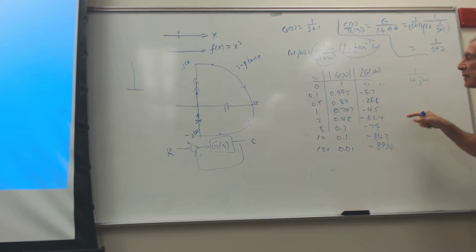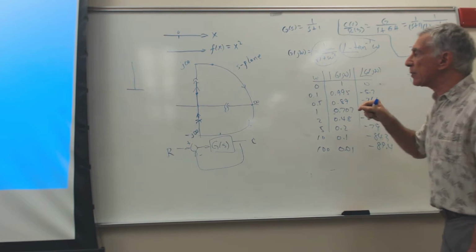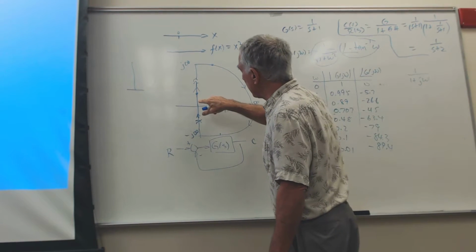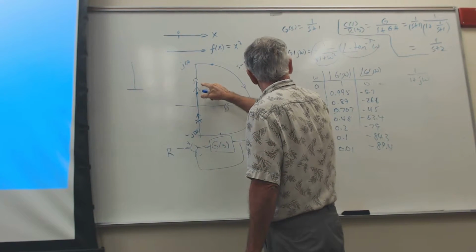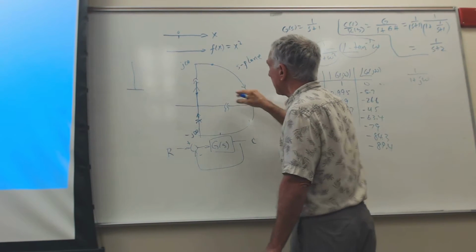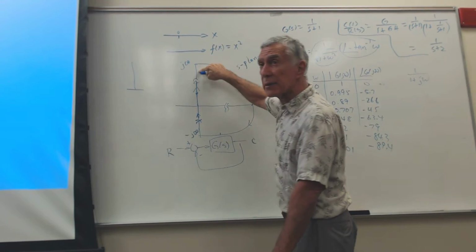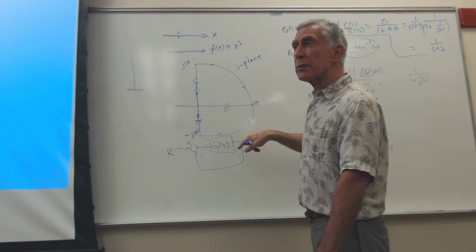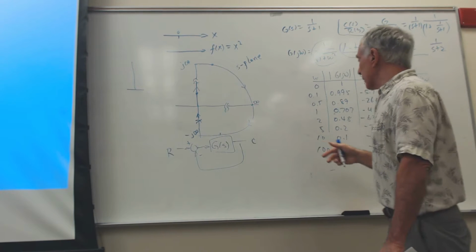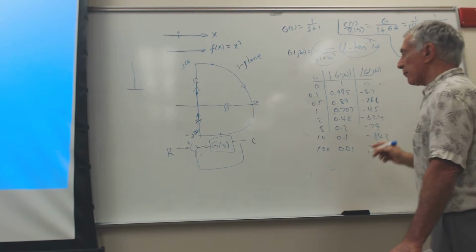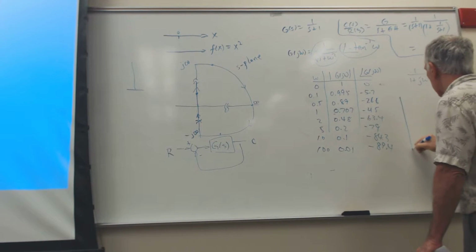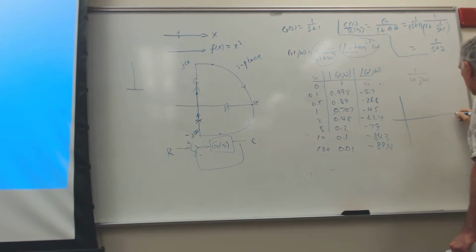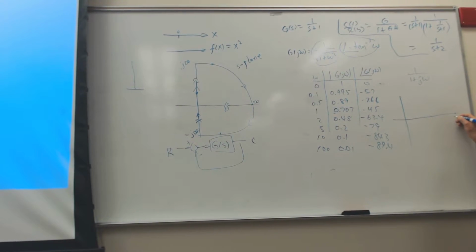And now we can plot these points. So basically what we're doing, we're plotting points, omega equals 0.1, 0.5, 1, 2, 5, 10, 100, and so on. We're plotting points along this segment of this closed contour into the GH plane. So in the GH plane, I'll put it over here, we start out at 1 angle 0, and then 0.9 angle minus 5.7, right?